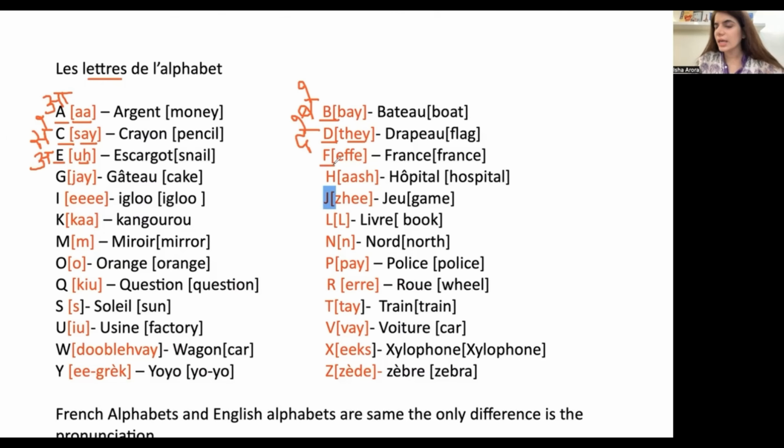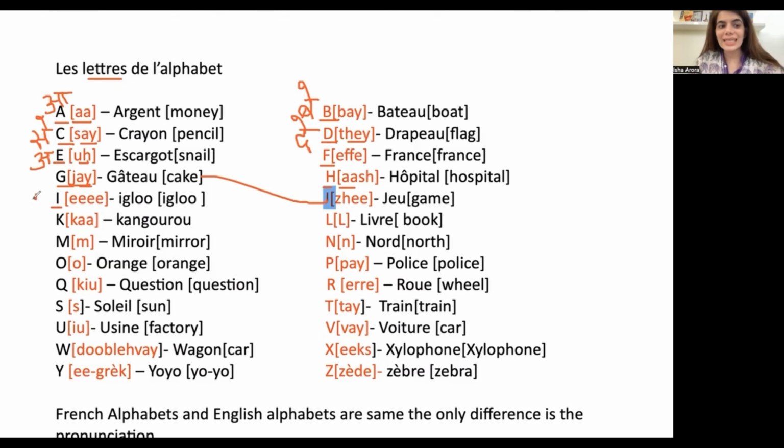F, F, F, F. Now G is like J, J, J, J. H is Ash, Ash, Ash.